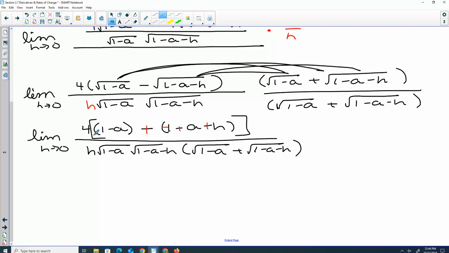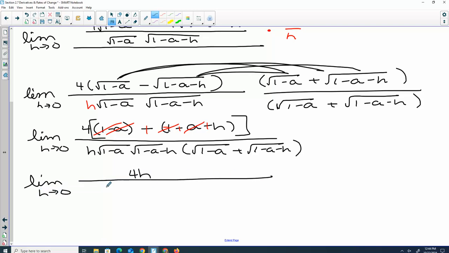Then my 1 and negative 1 cancel, my negative a and positive a cancel. So we have the limit as h approaches 0. Top, all that's left is a 4h. The bottom, we have h times the square root of 1 minus a times the square root of 1 minus a minus h times the square root of 1 minus a plus square root of 1 minus a minus h.